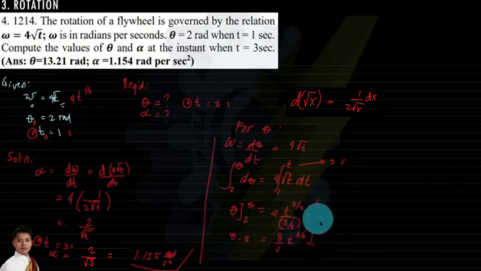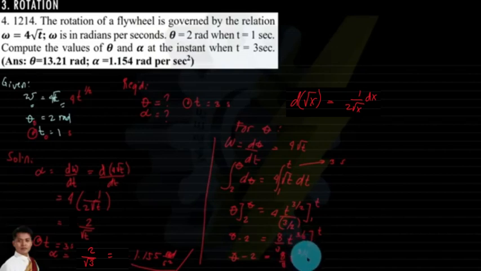So again, we can just put 3 seconds for t. If we want to derive this equation, this will become theta minus 2 equal to 8 over 3 t raised to 3 halves minus 8 over 3 multiplied by 1 raised to 3 halves. So let us simplify this equation.